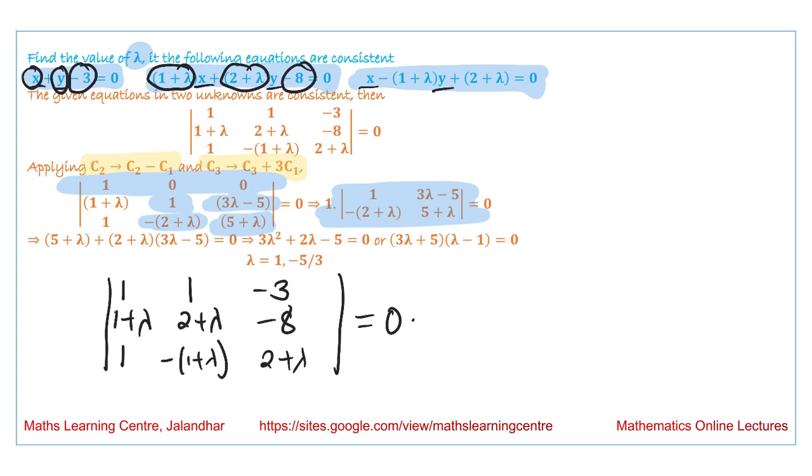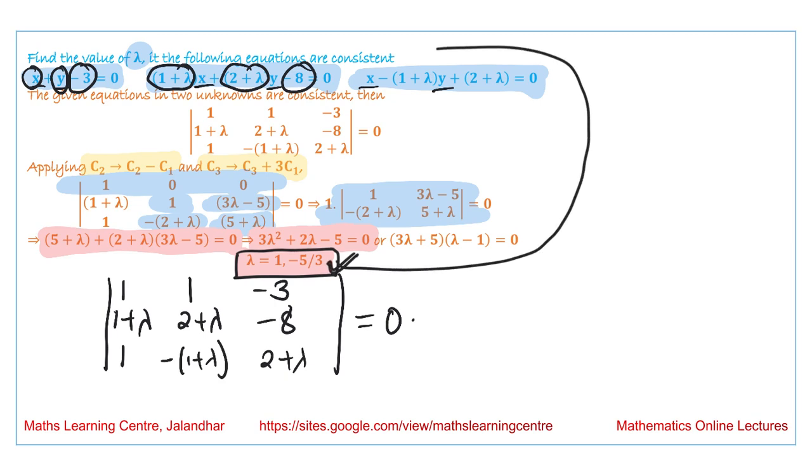On solving this, we obtain a quadratic equation in lambda, and the solution comes out to be lambda is equal to 1 or lambda is equal to minus 5 by 3. So these are the values of lambda for which this system of equations will be consistent.